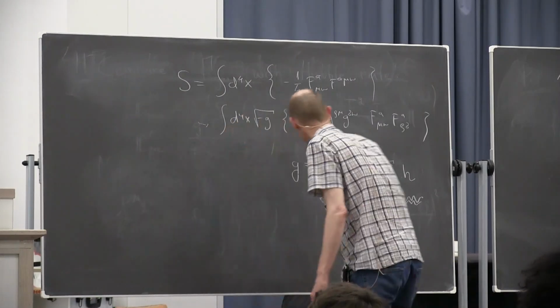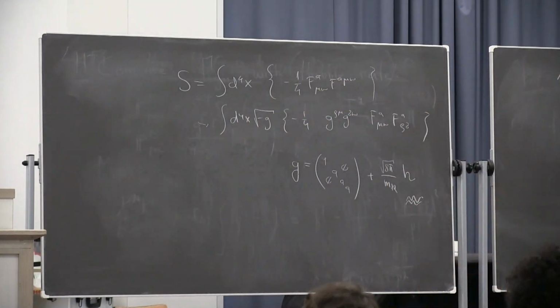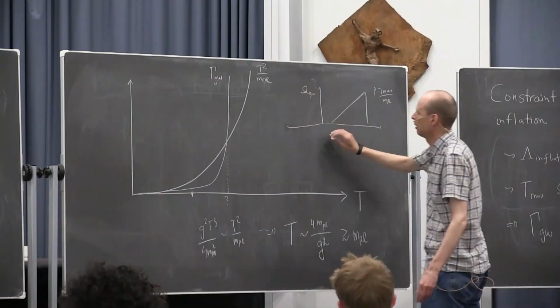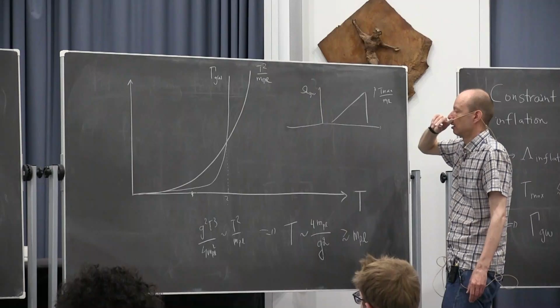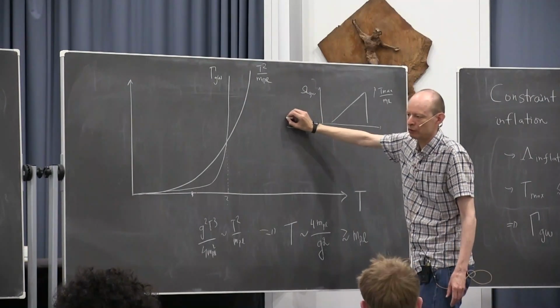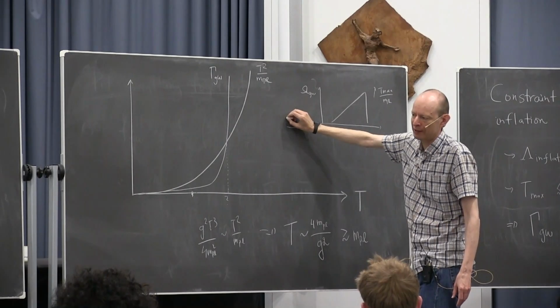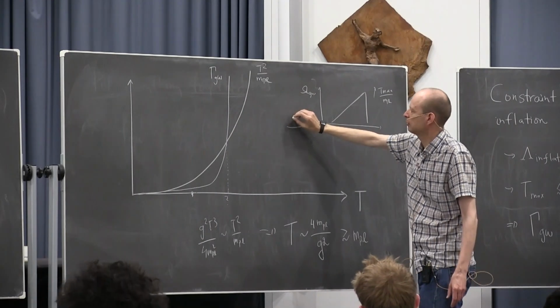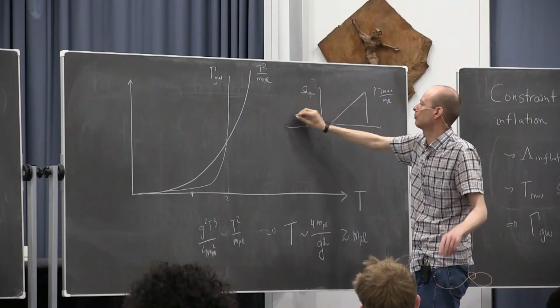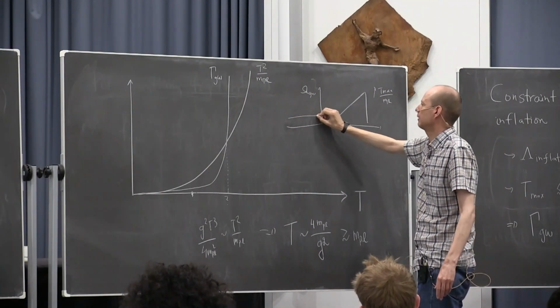Well, the thing is that the background that you produce in inflation, from vacuum fluctuations, is famously flat. We call it flat, so in some units it's a flat spectrum.